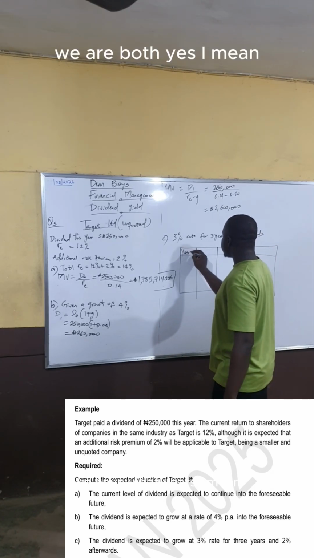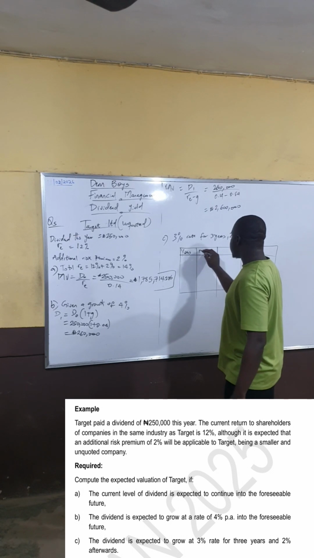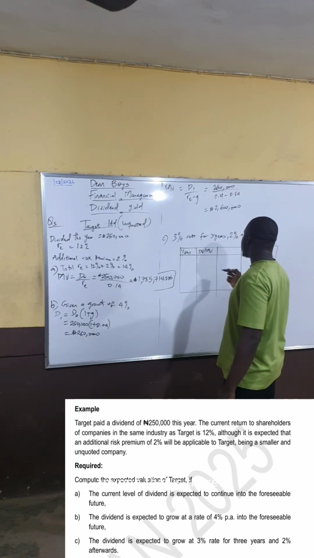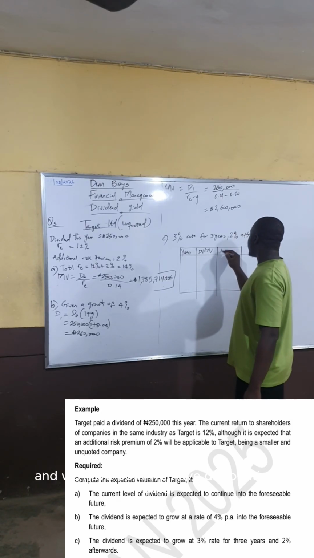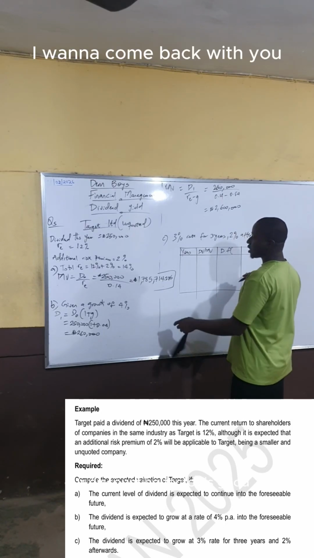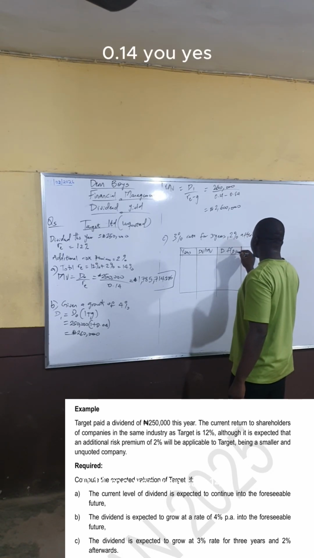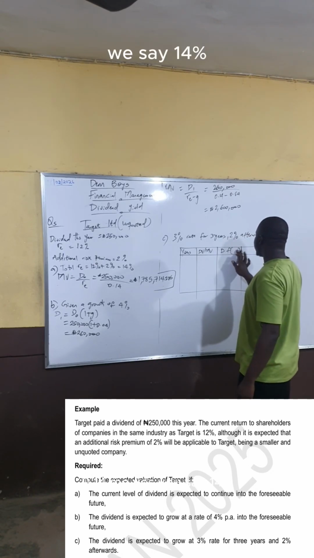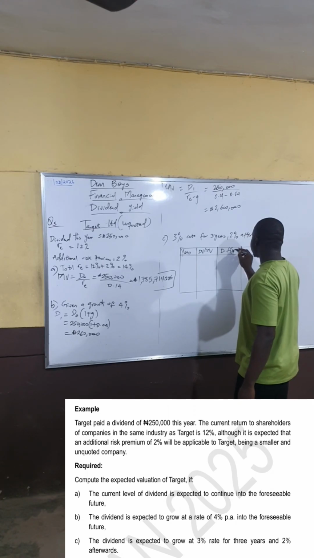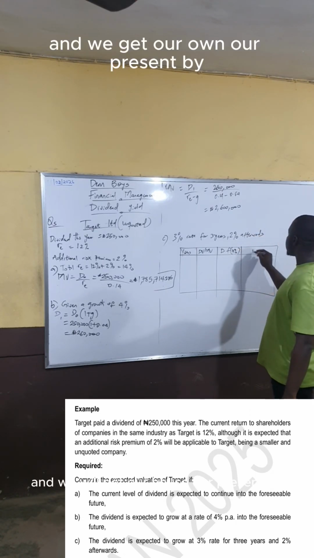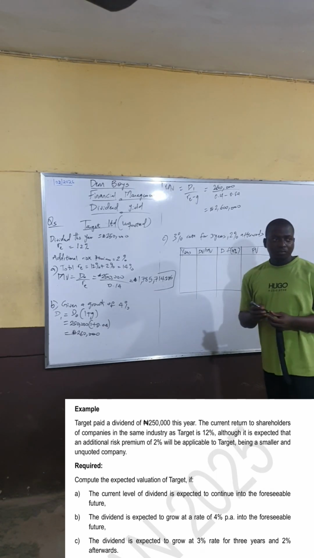So now, we have the dividends, the market value, and we have the discounting factor. Our discounting factor is 0.14, we say 14%, and we'll get our present value.